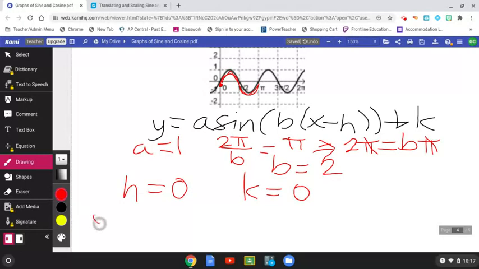All right, so I have everything I need to write my equation. I have y equals 1, okay, you don't have to write the 1, times sine of 2 times x plus 0. Of course, you don't have to write the plus 0. So this basically is y equals sine of 2x.